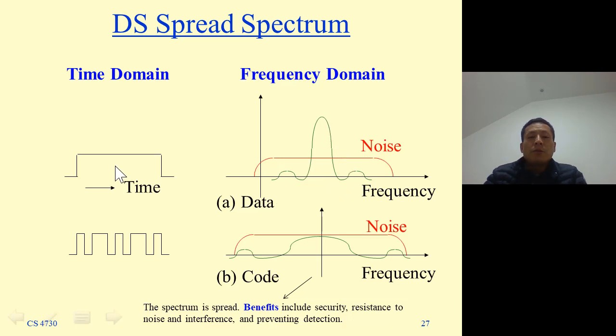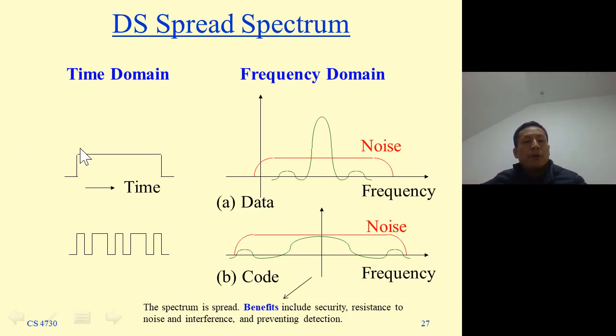Which means that if you send the raw waveform directly, it can be very easily detected because of this pulse peak, and you can tell it is not noise. In military, you definitely do not want this, because whatever information you send out can be very easily detected. We want it to be undetected. So that's the benefit of spread spectrum.